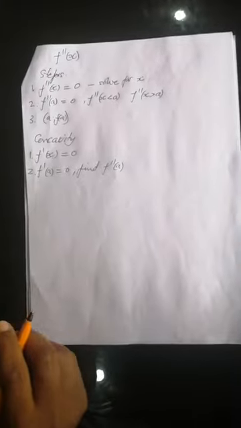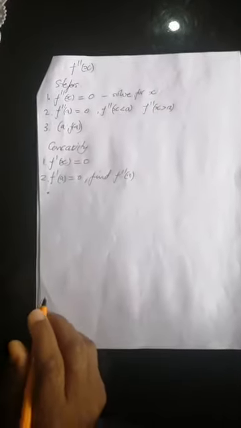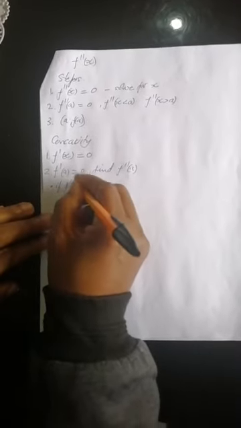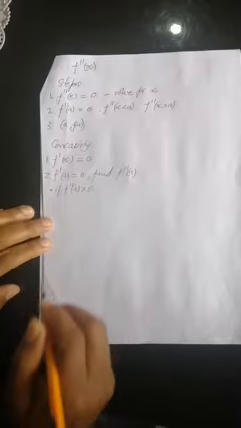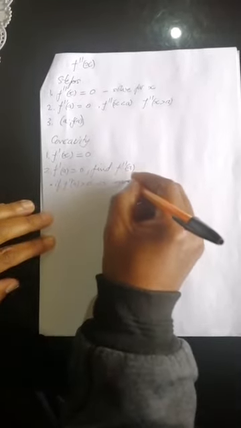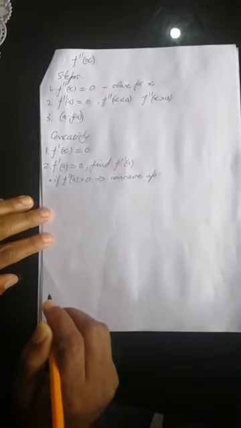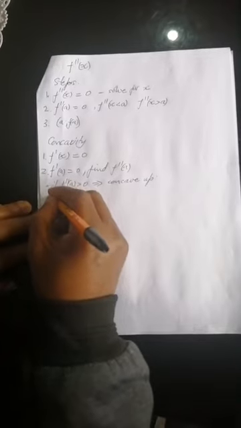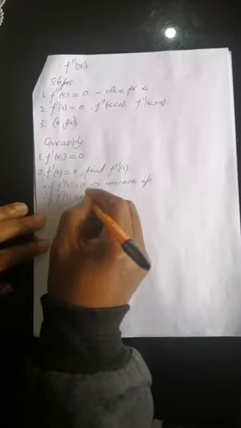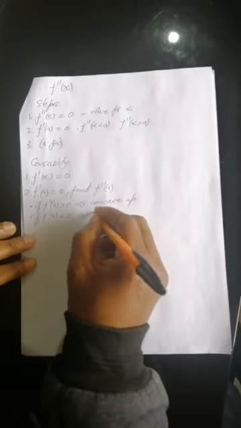Now, once we have that, we now analyze what we have. If f dash dash of a is greater than 0, then we have concave up. And if f dash dash of a is less than 0, we have concave down.